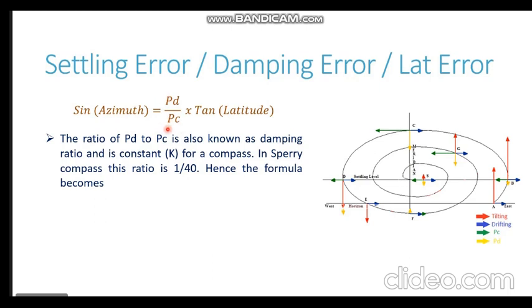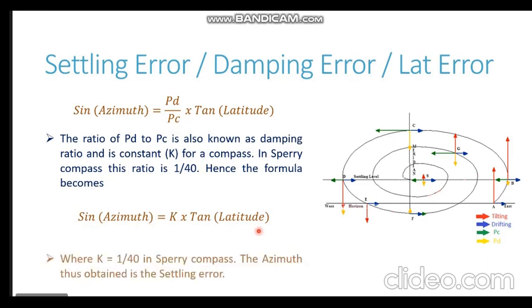Now, when we use this 1 is to 40 ratio, the formula converts to sine of azimuth is equal to k tan latitude. PD upon PC is replaced by k, where k is equal to 1 by 40 in Sperry compass.